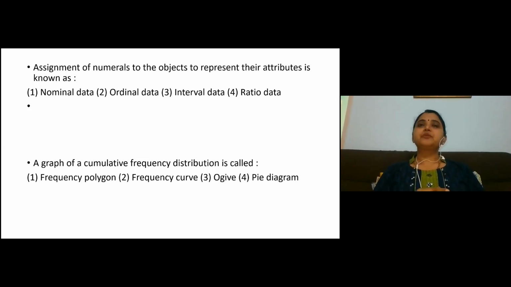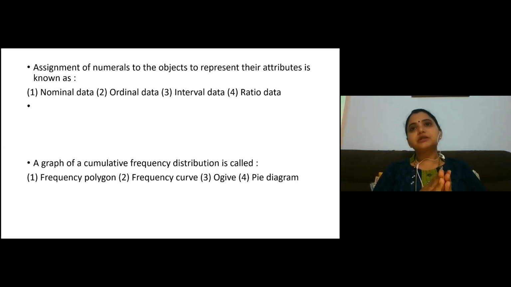However, whenever we have these kinds of variables, we happily take them as interval scale data. Strictly speaking, they are ordinal scale data, because that order has a value in it, maybe ascending, maybe descending.